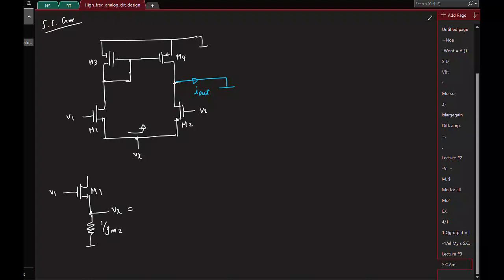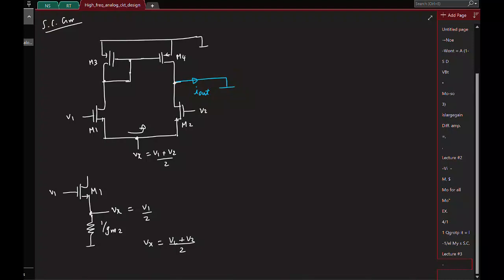It was half of V1. And similarly, by superposition, the contribution from V2 will be V2 by 2, so it's basically the average of these two, (V1 plus V2) by 2. Again, mind you, it is the average only when you are actually shorting this drain to ground. Else this need not be the case.